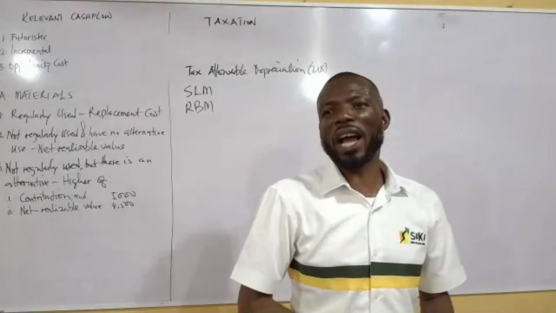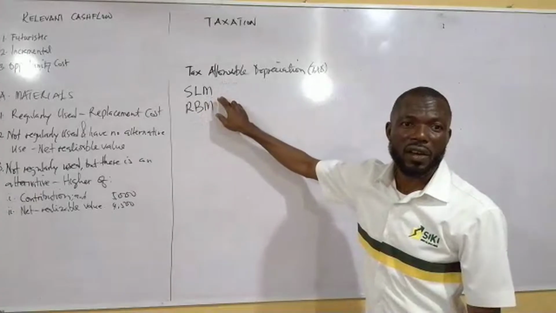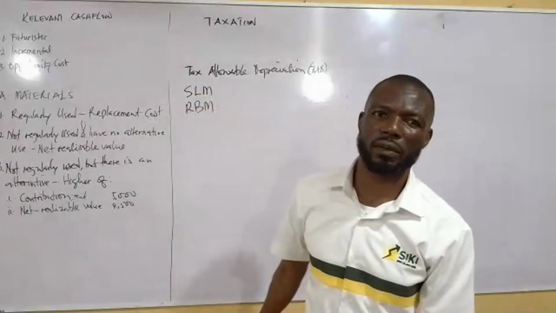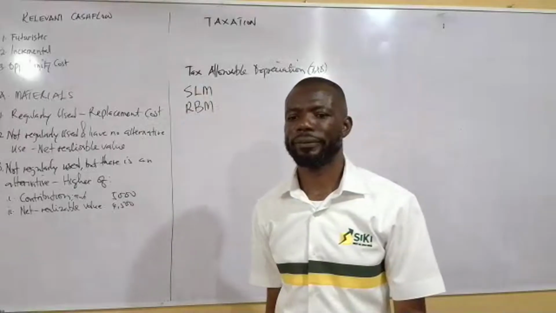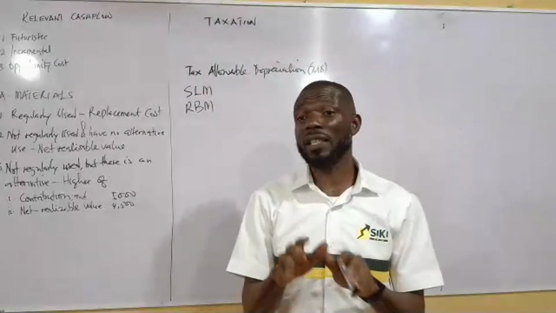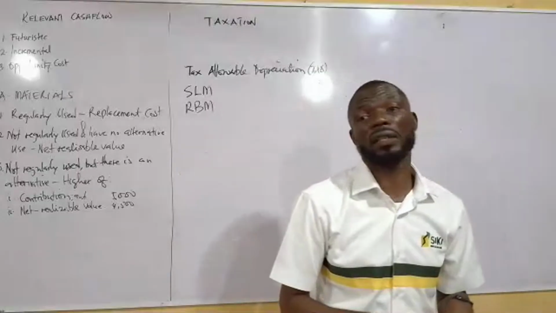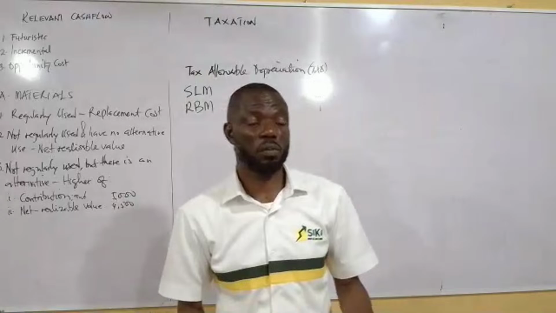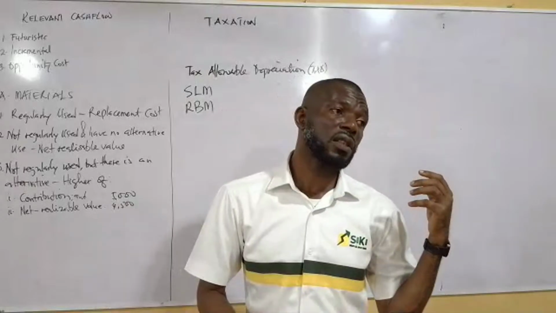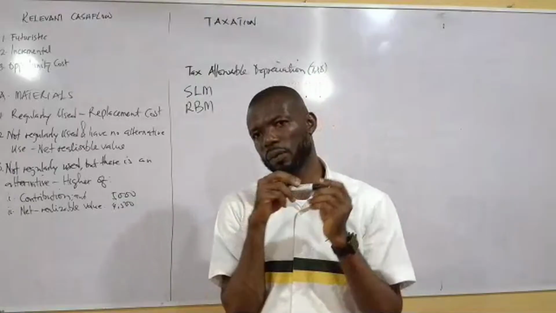So we have the straight line method and the reducing balance method. There are other methods for depreciation, but generally what most believe is one of these.